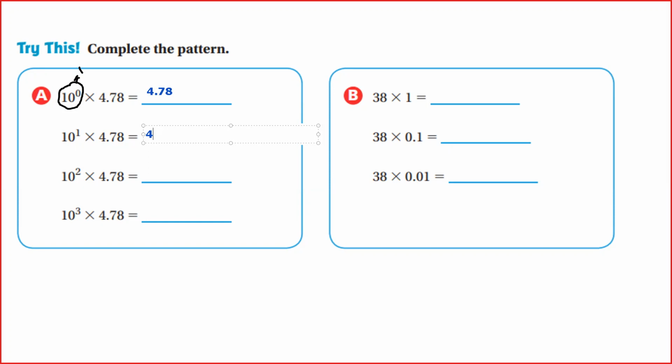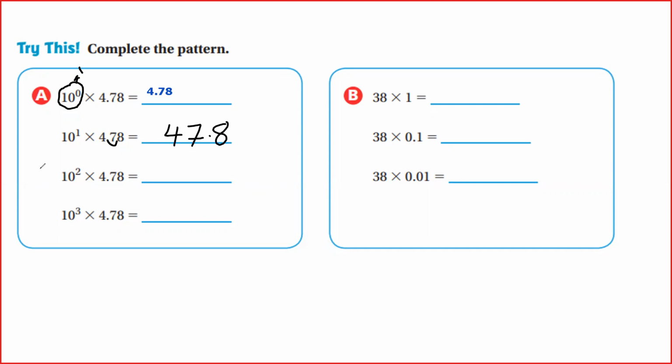Okay, teacher, and 10 to the power of 2 multiplied by 4.78. Okay, and first 10 to the power of 1. Where should you put the decimal point, after how many digits? 1 digit. So it will be 47.8. Bravo. Now 10 to the power of 2.